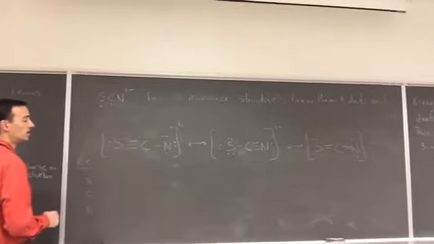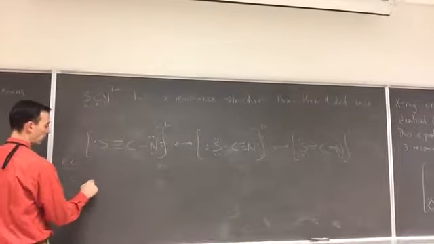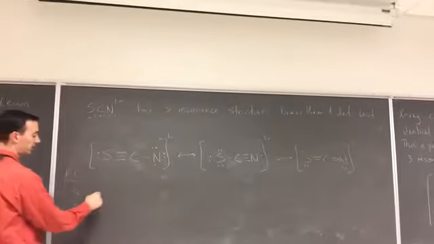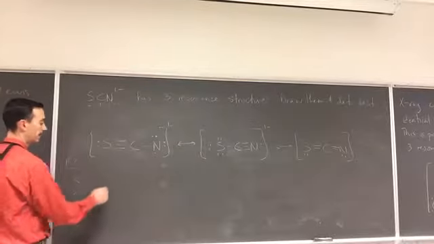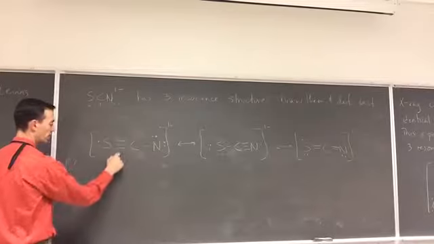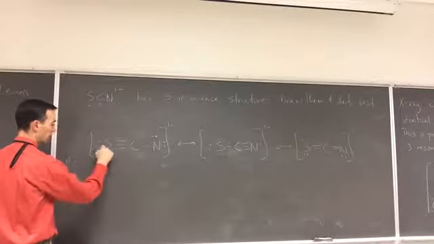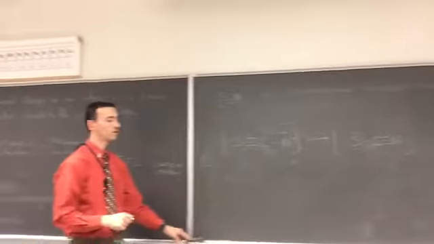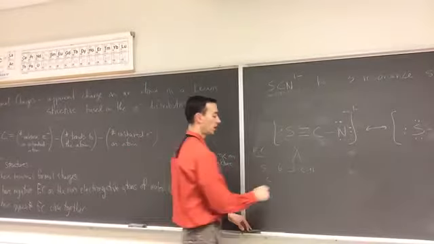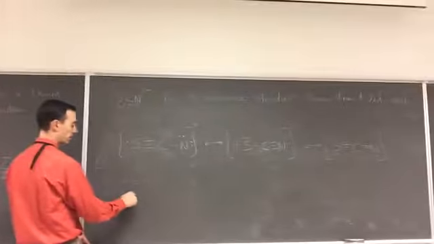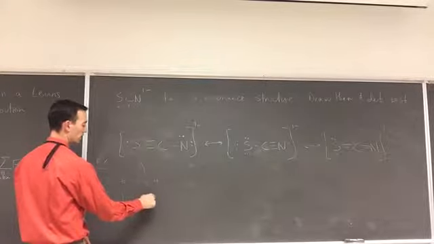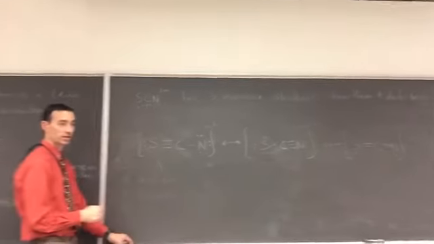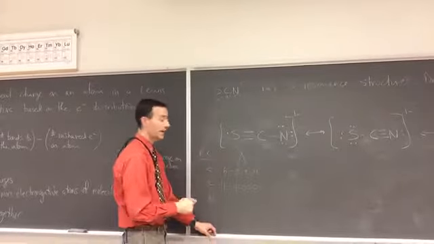All right. So the formal charge on sulfur: sulfur normally has 6 valence electrons, minus 3 bonds to it, minus 2 unshared electrons. So the sulfur has a +1 formal charge. Carbon normally has 4 valence electrons. It has 4 bonds and no unshared electrons, so it is 0.